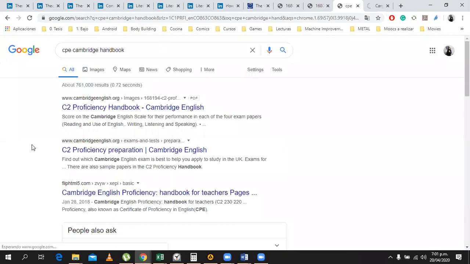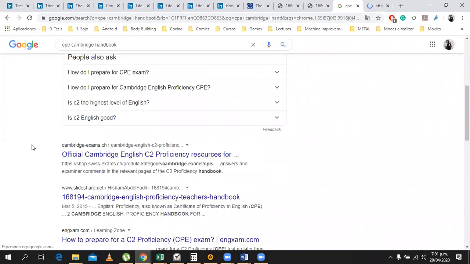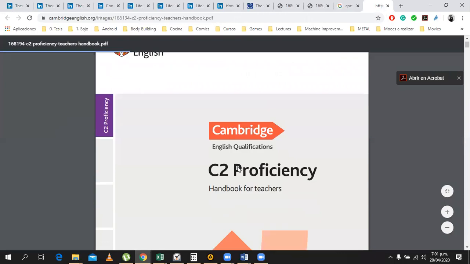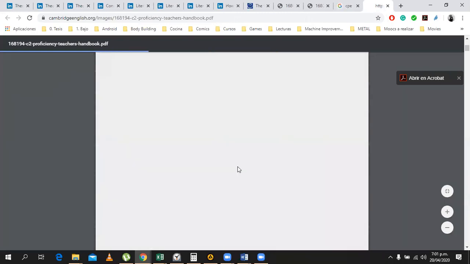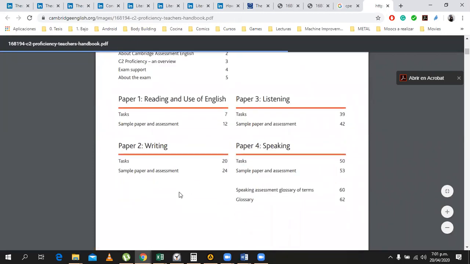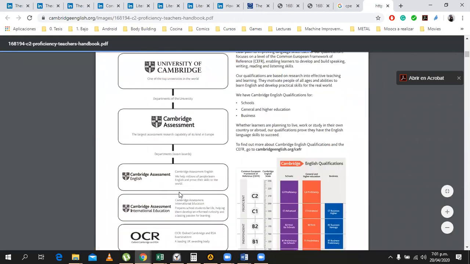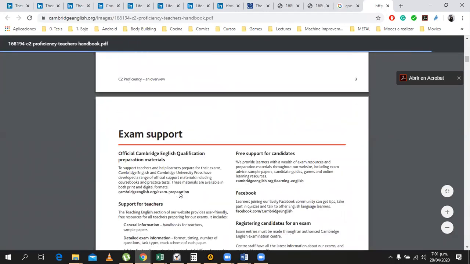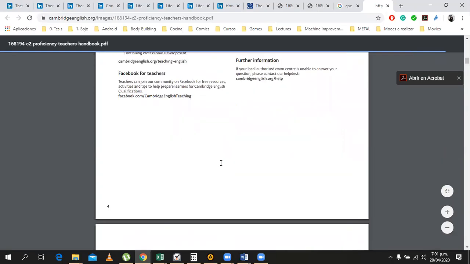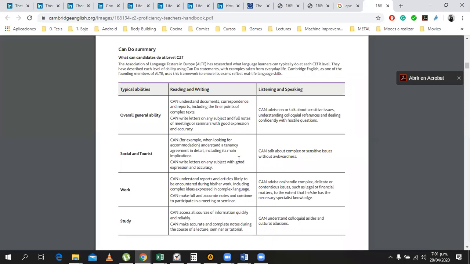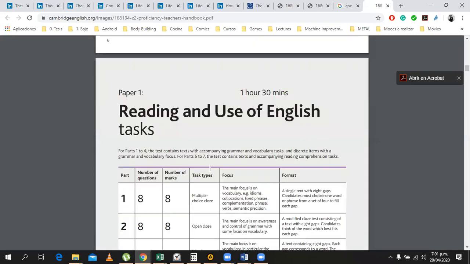This one. Wow. C2. Well, anyway, it works in this way, but it's the handbook that you need, right? In the handbook, you're going to find, as soon as it loads, what to take into account, which are just the ways in which the exam is going to be implemented, about the exam and the issues to be taken into account for this part.